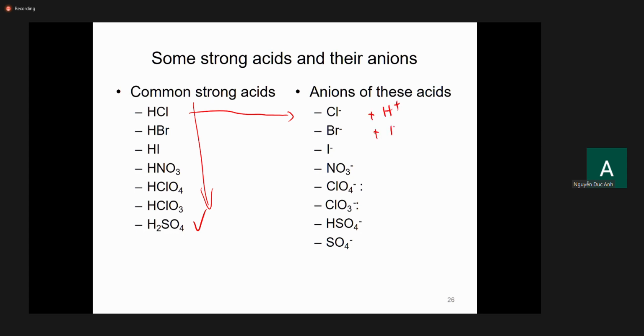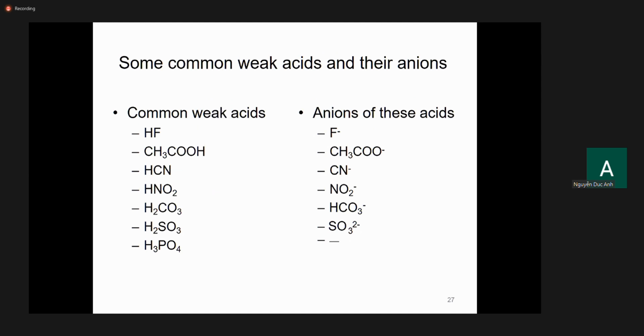This one produces bromide ions and protons, iodide ions and protons, something like that. Let's help me to remember: strong acid is strong electrolyte and they form totally ions.